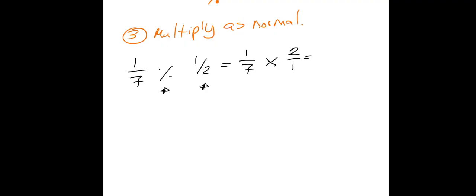So we know 1 times 2 is 2, 7 times 1 is 7. So therefore 1/7 divided by 1/2 equals 2 over 7.